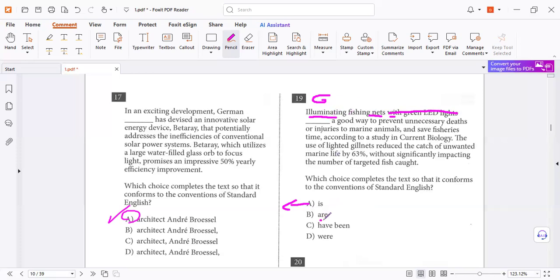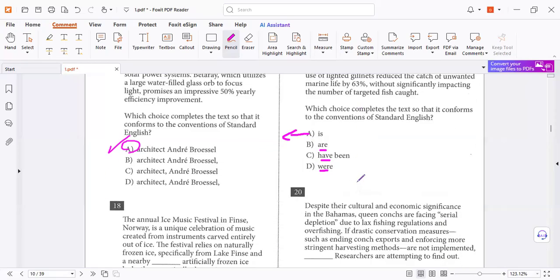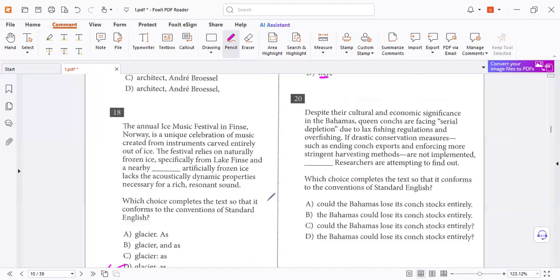Don't follow the hack, plural, plural, plural, but find the subject. So what is correct? The gerund is always singular. So it's correct, A, right?